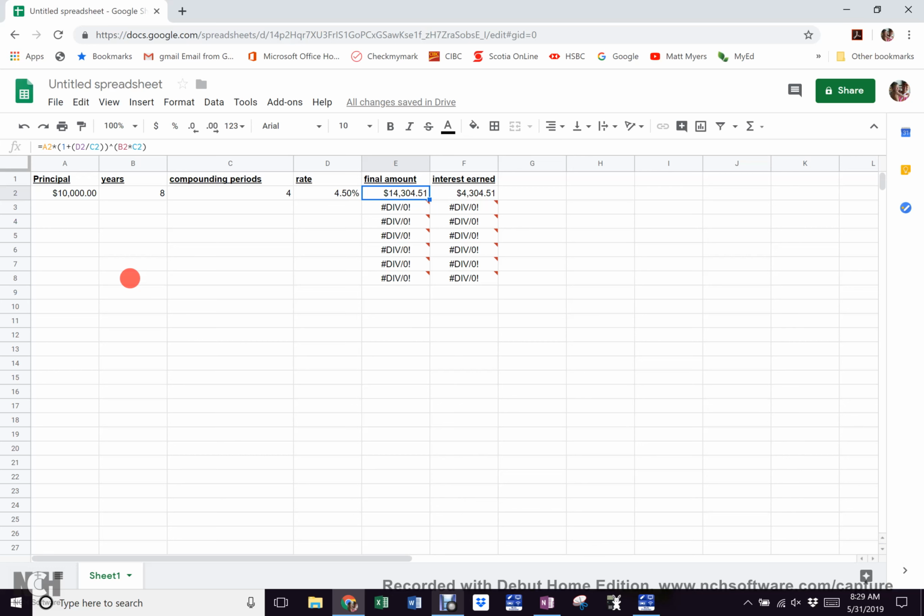This equals that minus that. Now 6 spaces and then Control D.